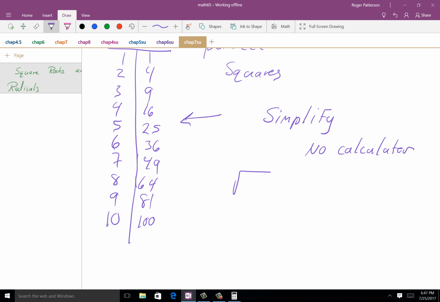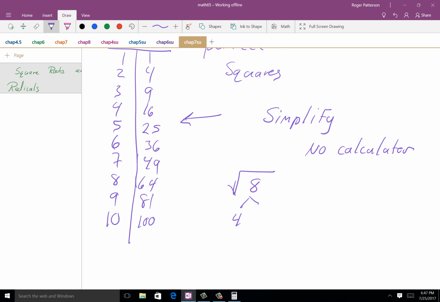So if we have the square root of 8, what we want to do is find which of these numbers on the right-hand side go into 8 evenly. We want the largest possible number that goes into 8 evenly. Well, 4 obviously is our choice.